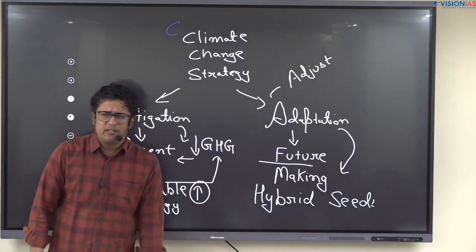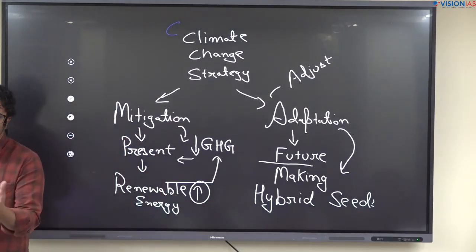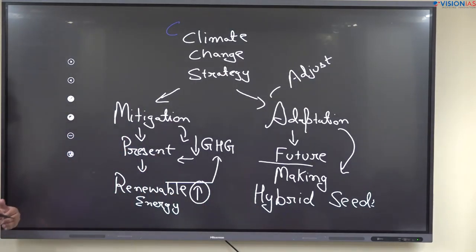What can these hybrid seeds do? They can tolerate high temperature. So this is what you're doing for the future. You are making hybrid seeds so that in the future, if temperature increases, you can grow crops. Your crops can tolerate high temperature. So you are adjusting, knowing that in the future temperature will increase. So you're doing something for the future.